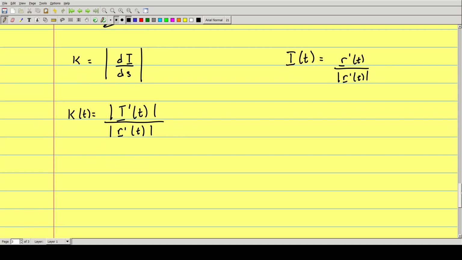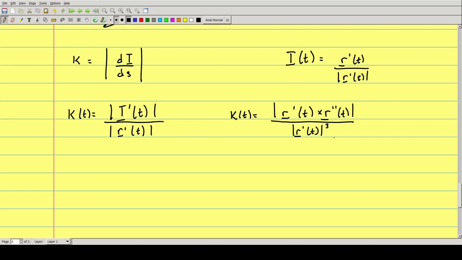All right. And then there's also a third formula, because why not, right? This is a pick your poison scenario. If you like cross products, maybe save yourself a little bit of effort by using this version of the formula.